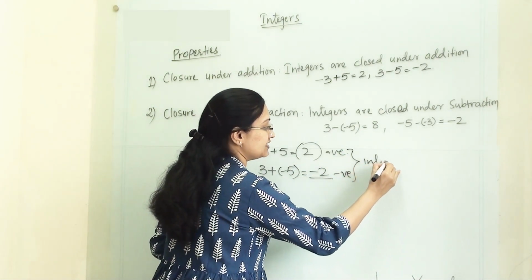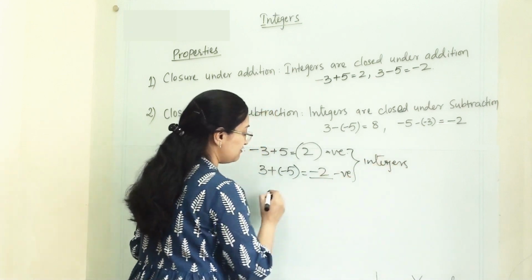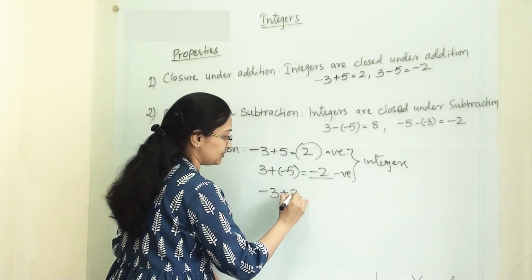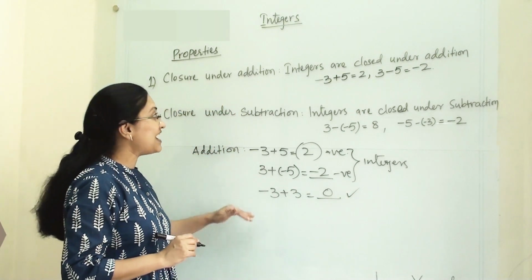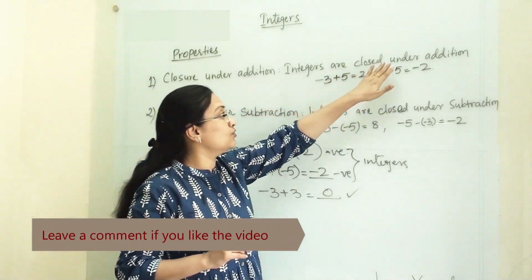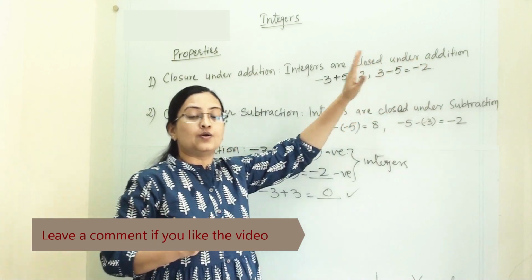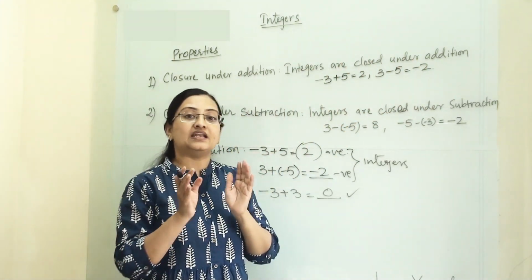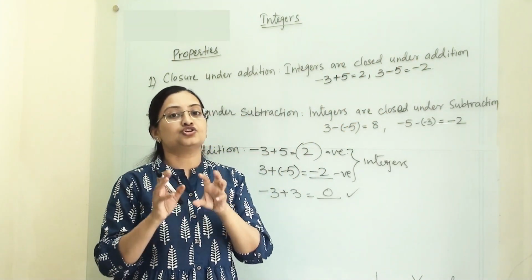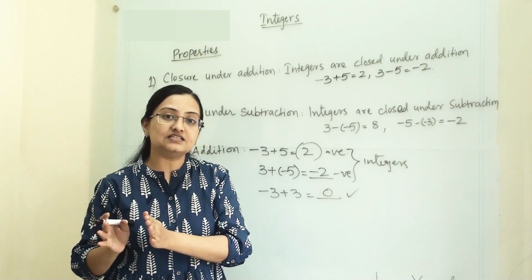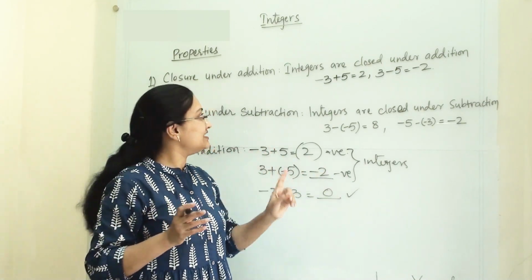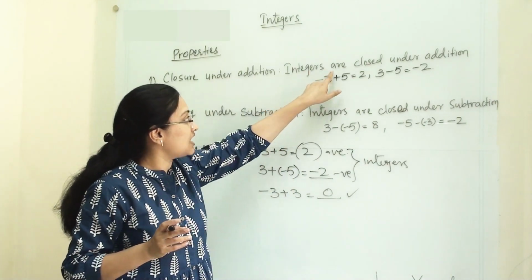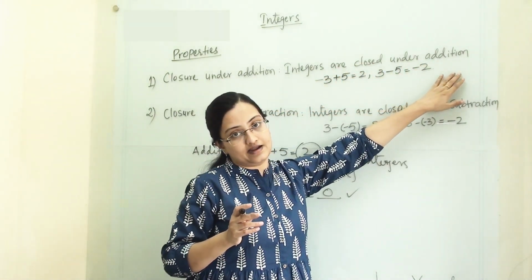Even if it is -3 plus 3, we are getting 0. This is also an integer. So that means integers are closed under addition. Whenever we perform any addition operation on integers, as a result we will get only and only integers. That is the meaning of integers are closed under addition.